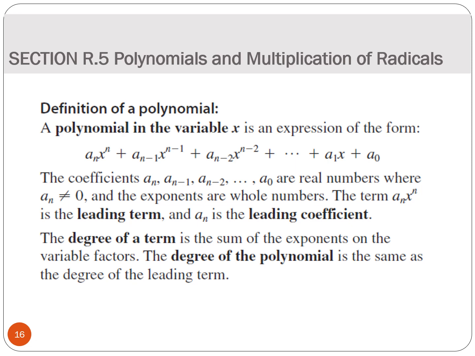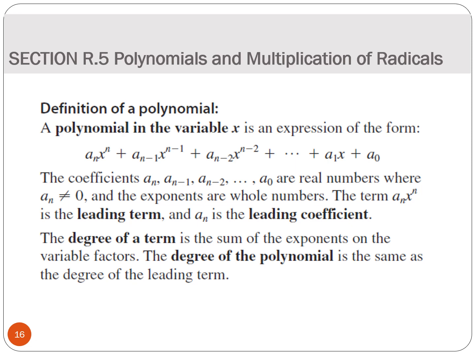The exponents, n, n minus 1, all of these are whole numbers. They're actually positive integers. The term a_n x to the n, the first term, the term that has the highest power, is called the leading term. The coefficient of that term, a sub n, is called the leading coefficient.